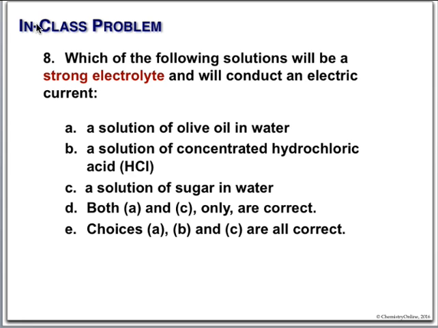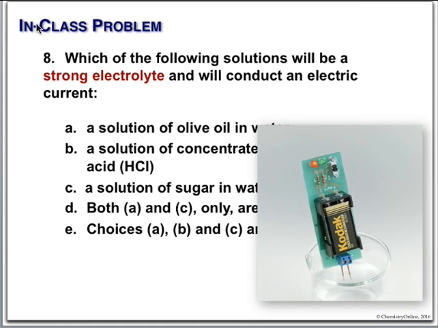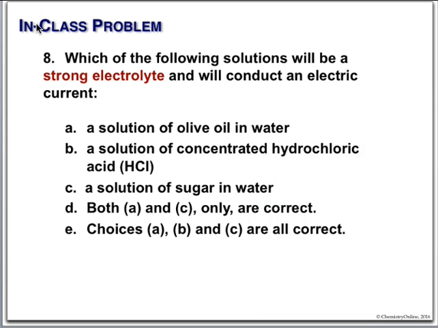HCl will form hydronium and chloride. Stick it in there, lights glow nice and brightly. Concentrated HCl was our strongest electrolyte. Virtually 100% dissociated. Any questions?